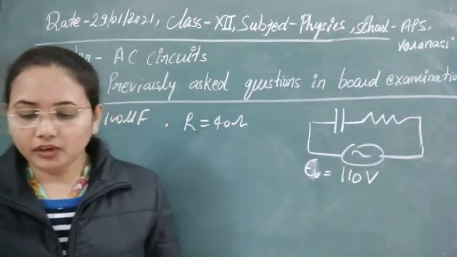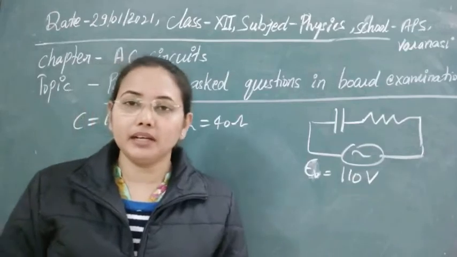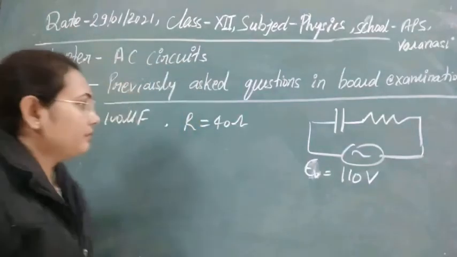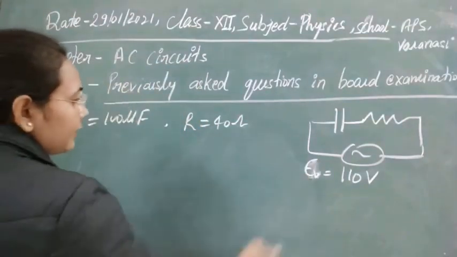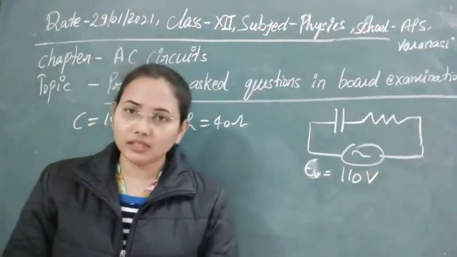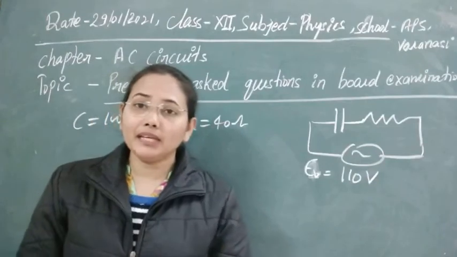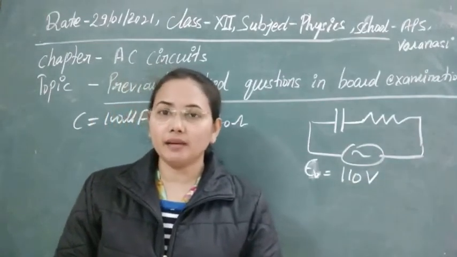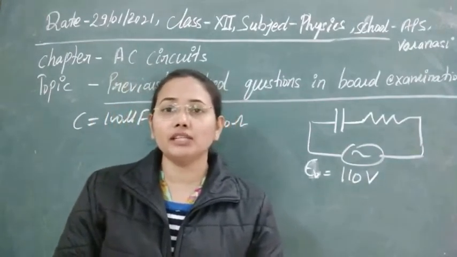To find the maximum current, the voltage value is given, so let's first find the impedance in this circuit. With the help of impedance, we can easily find the current.